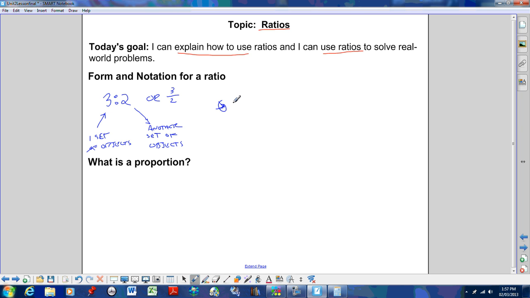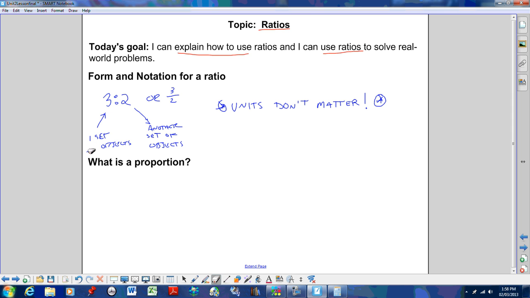So you can measure apples and oranges. You could measure kilometers versus time. It doesn't matter with ratios as long as there is some linear relationship, or some relationship exists.